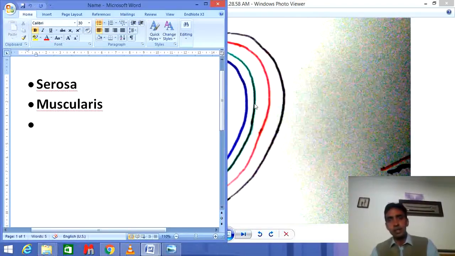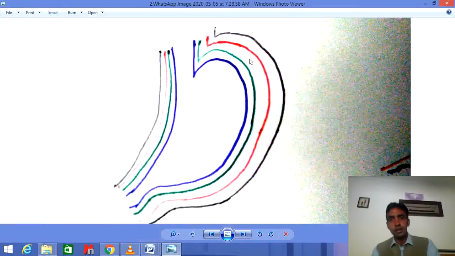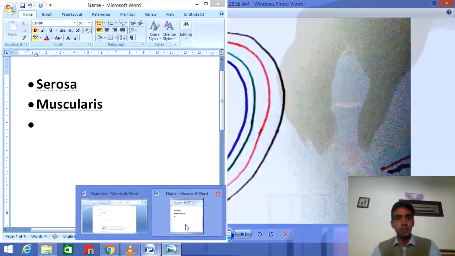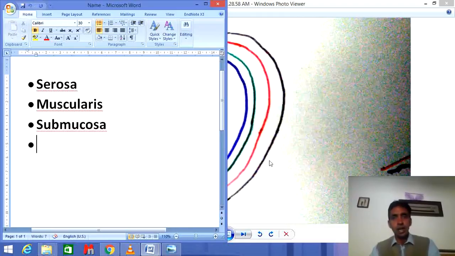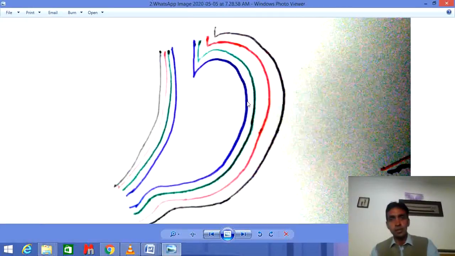The green layer is called submucosa. And the last layer is called mucosa.